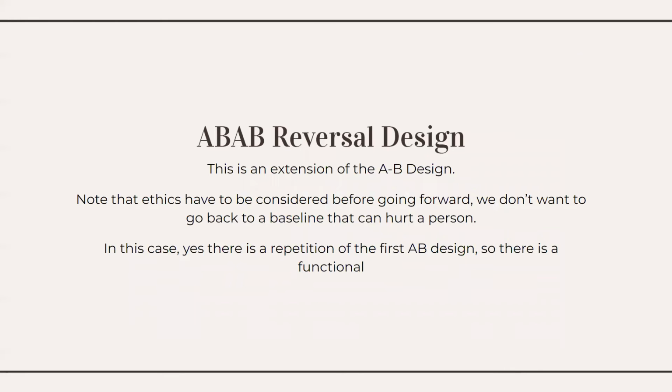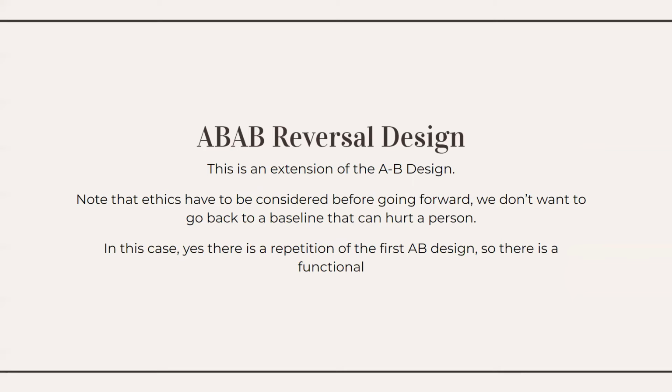An AB-AB reversal design, on the other hand, is just an extension of an AB design. And because it's an extension and there's repetition, it is a functional relationship. Note that ethics has to be considered before going forward with an AB-AB reversal design, because we don't want to go back to a baseline that can hurt someone.